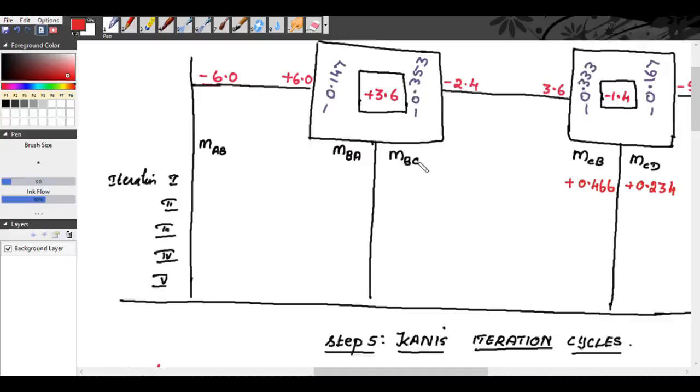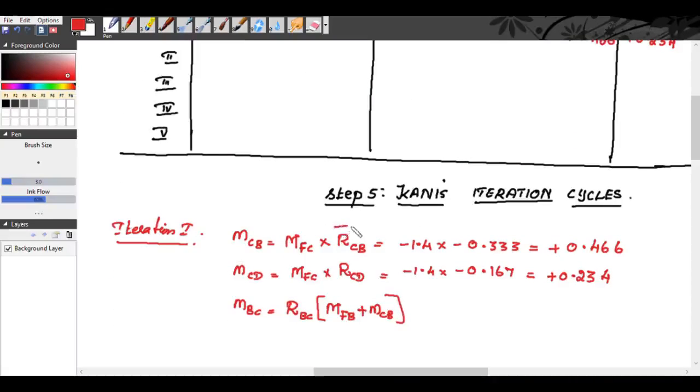Initially we have assumed this as 0. That is why at first it is only MFB. Now we have determined the rotational contribution at joint C. Since we have determined the rotational contribution at joint C, now we have to consider this MCB also. Okay.